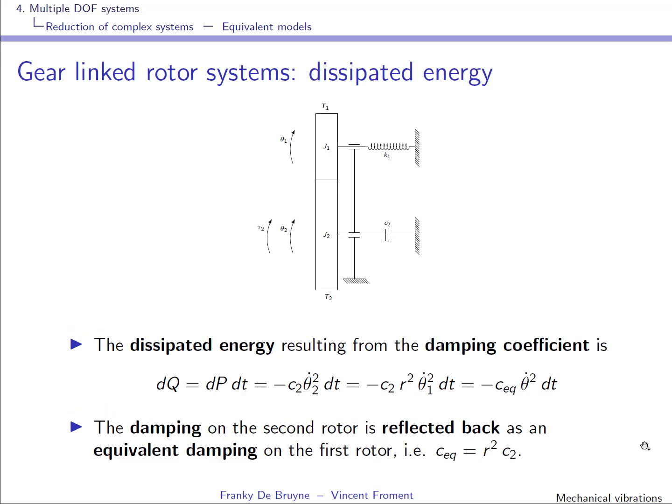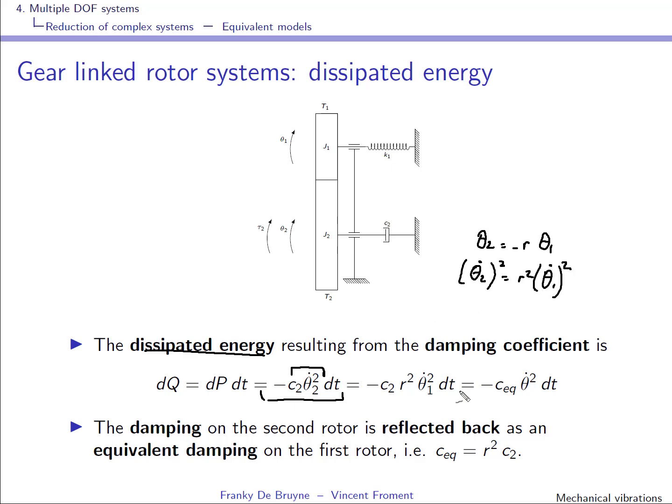Now we have to look at the equivalent damping coefficient, and we do that by looking at the dissipated energy. This is given by this expression here, and what you see is the damping torque times the rotational speed. We have that theta 2 is equal to minus r theta 1, and if you take derivatives and square on both sides, theta 2 dot squared is equal to r squared theta 1 dot squared.